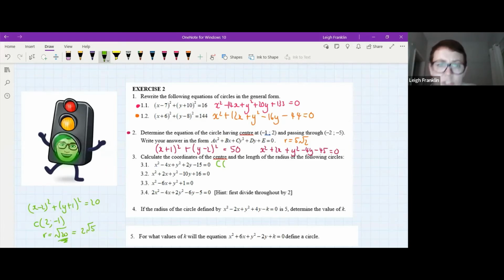Now, I see there was a question here. Mashay and Boutle, you're both asking, where does the 50 come from? Okay, so the 50 comes from squaring 5 root 2.